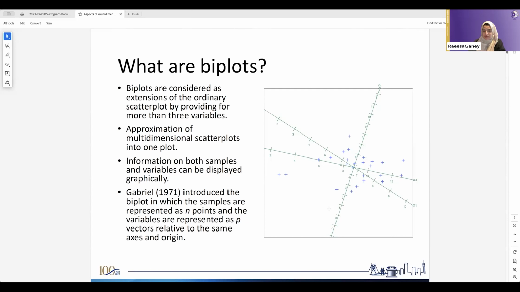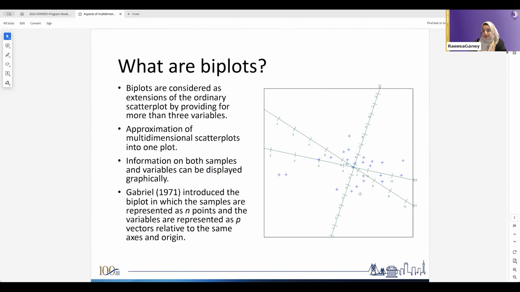And it was first introduced by Gabriel in 1971. And he had it that the n samples were represented by points, and the p variables were represented as vectors.